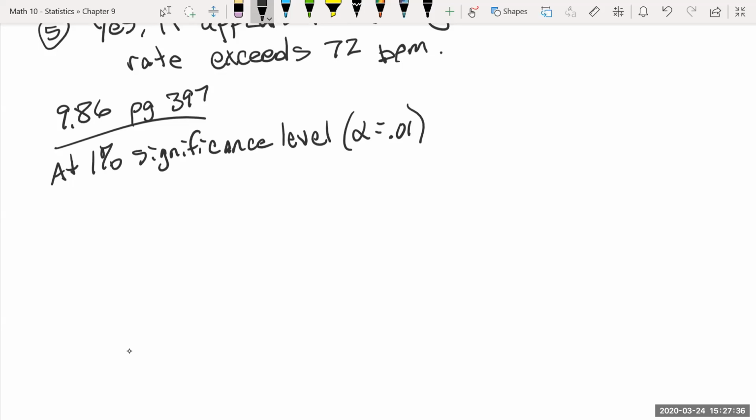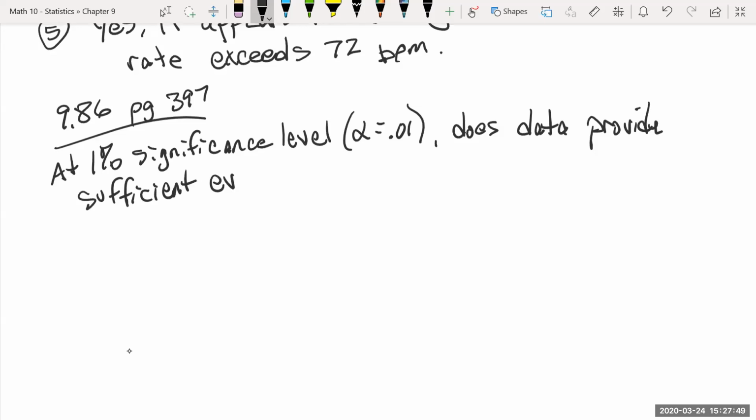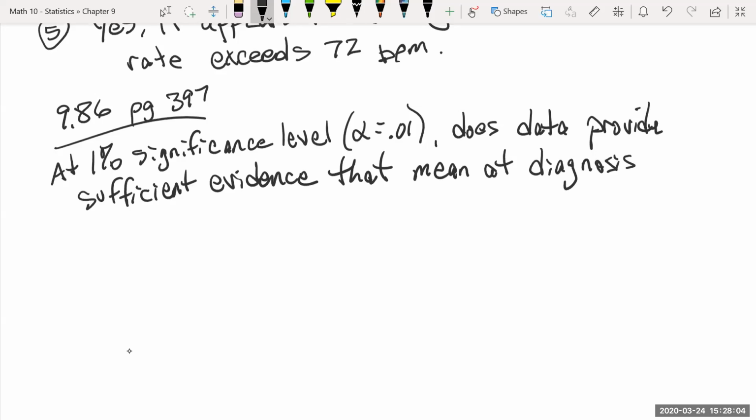So at 1% significance level, does the data provide sufficient evidence that the mean age at diagnosis of dementia is less than 55 years old?